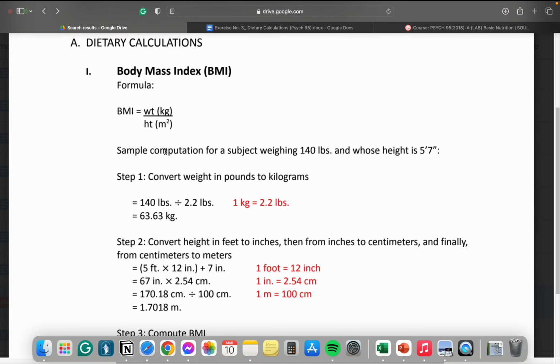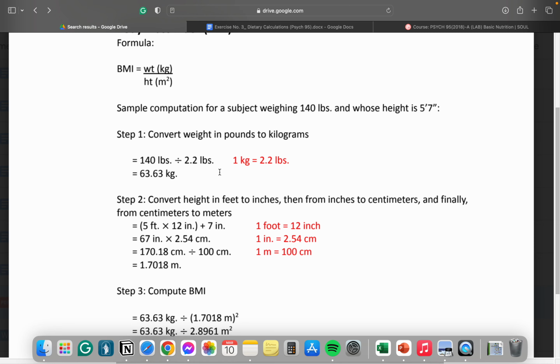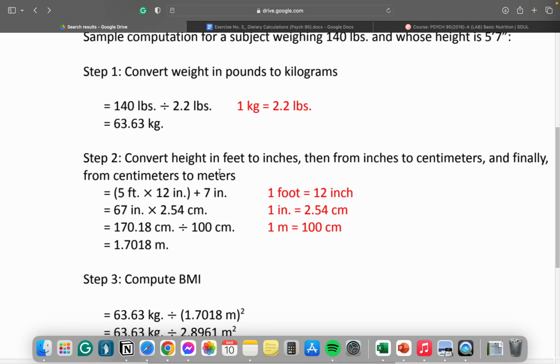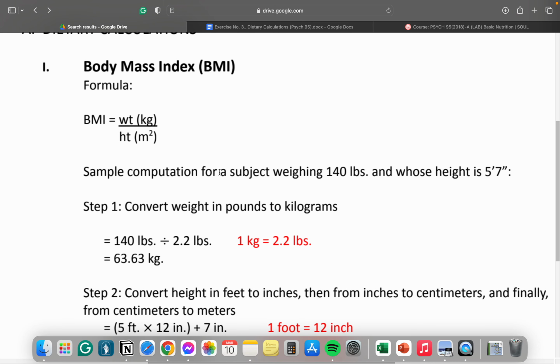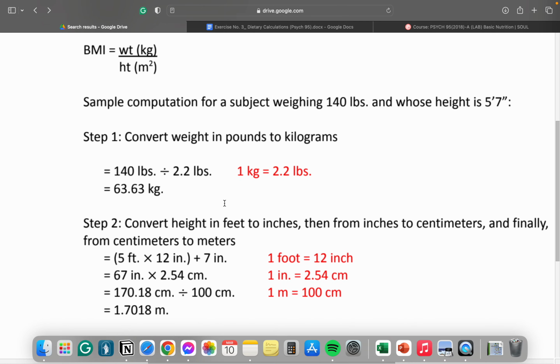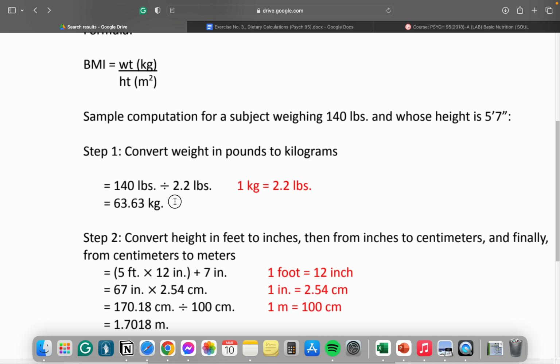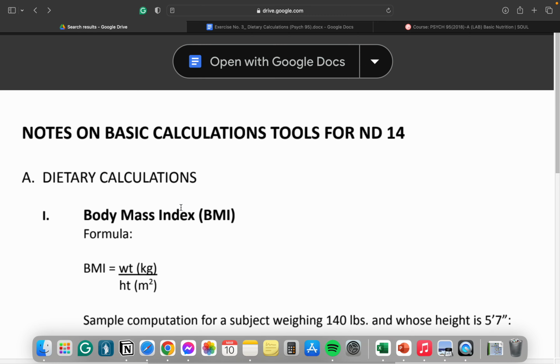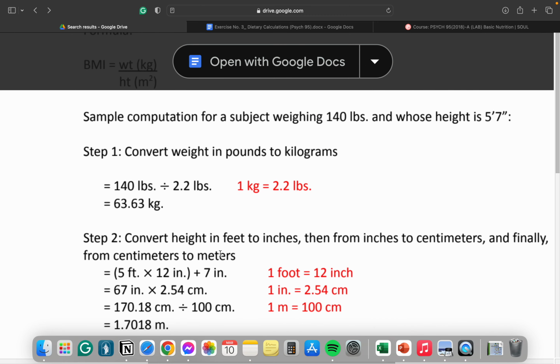Okay, so how do we calculate? So here we go. All right, so in the Philippines, we are using the metric system. So that's in kilograms, meters, in feet, etc. I'm going to give you a copy of this, but as a start, just use this video recording.